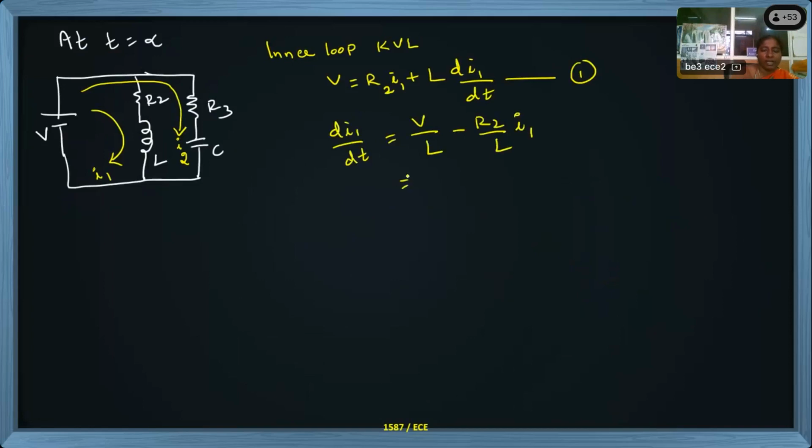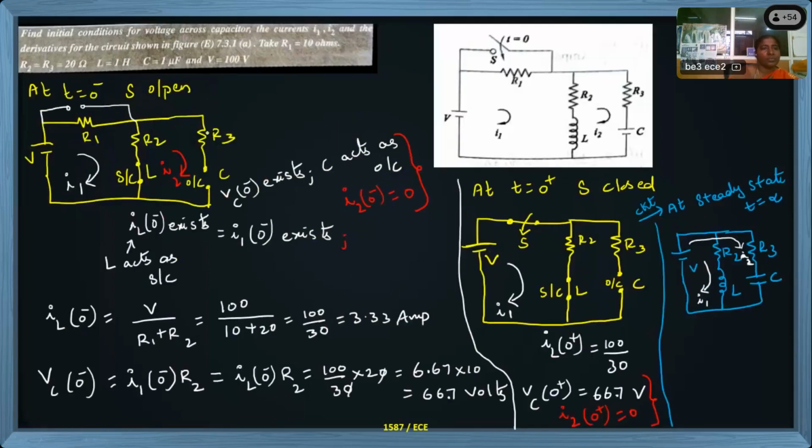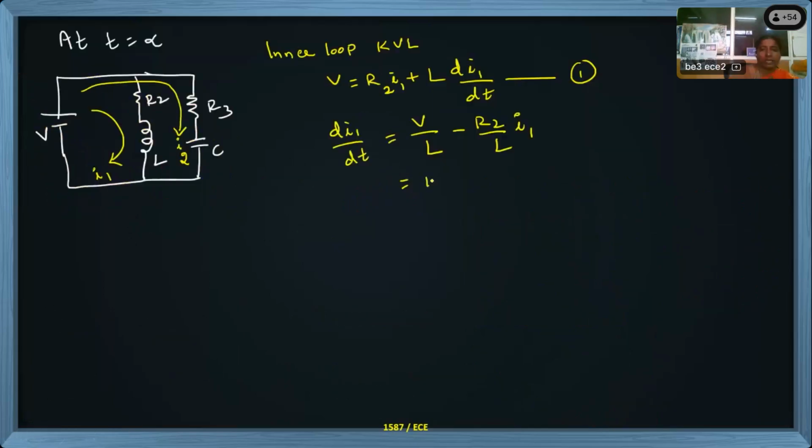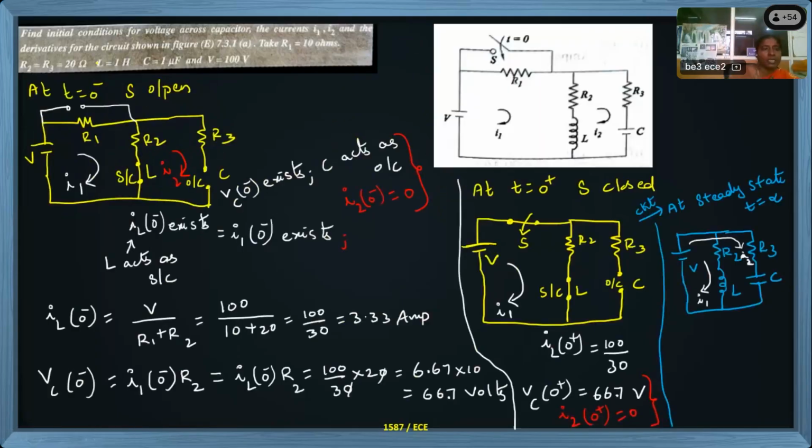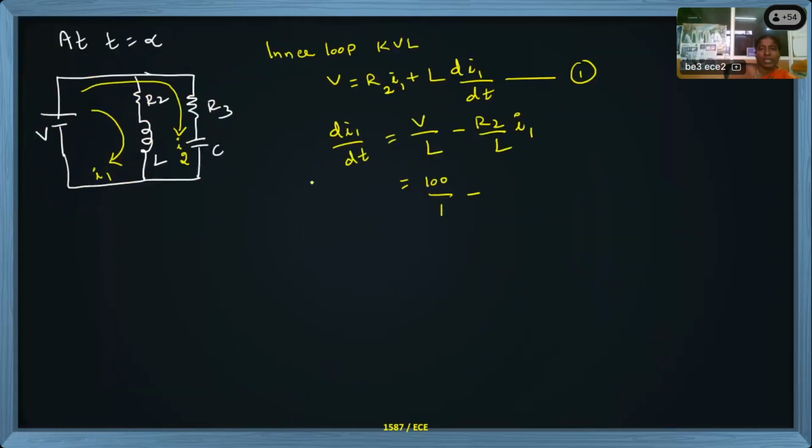All the values are available in the given question. V value 100, L value 1 Henry, minus R2 value 20 by 1, and this is I1. This is di1 by dt.